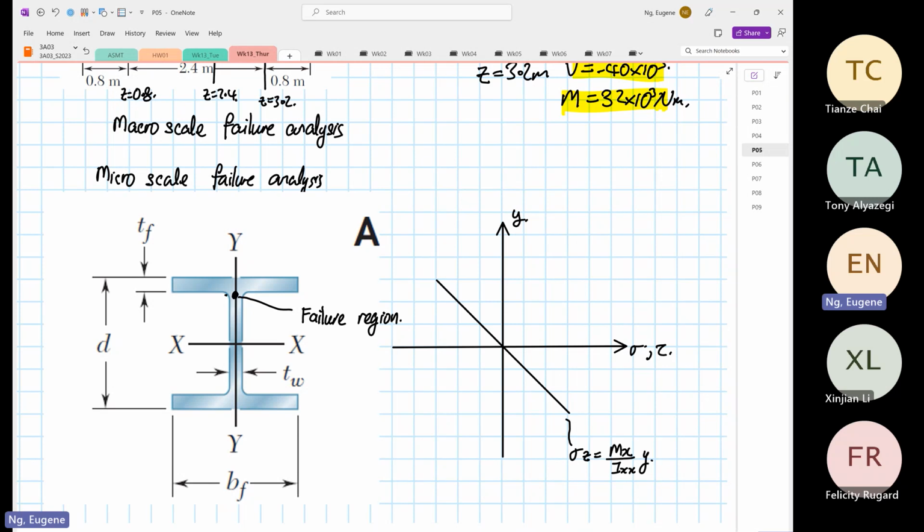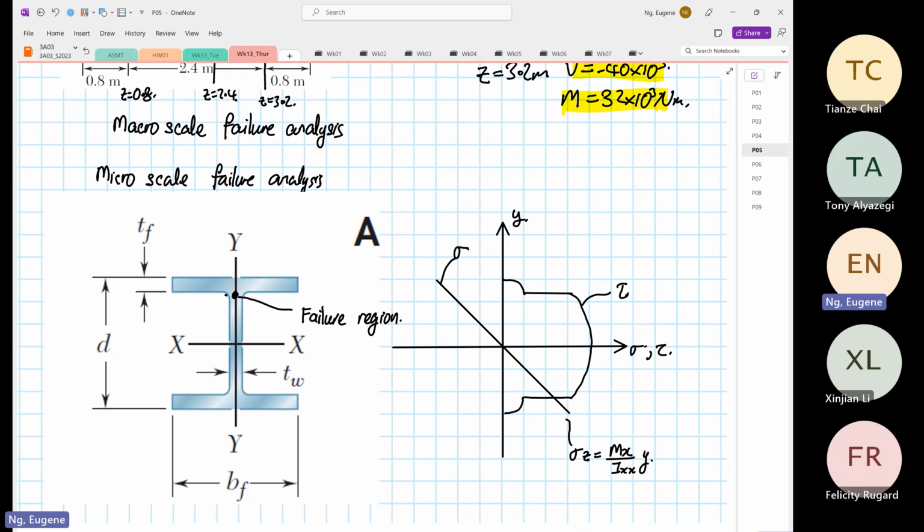Now, if we were to sketch the shear force, it will look like this. It will go straight, then it will do this, and then it will come down. So this is our shear stress distribution profile, and this is our normal stress.